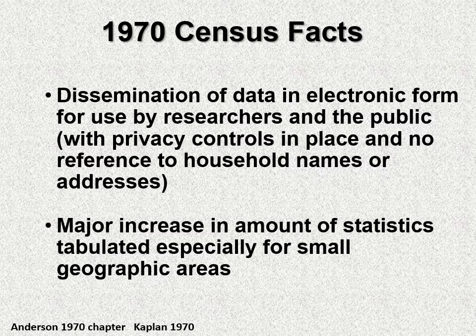Getting into an information age here. There were obviously privacy controls in place with this information, so there's no reference to household names or addresses. And there was a major increase in analysis of the information and the amount of statistics tabulated, especially for small geographical areas.